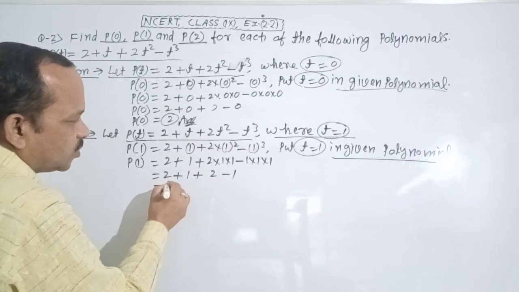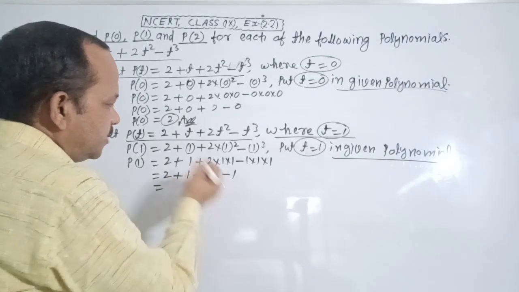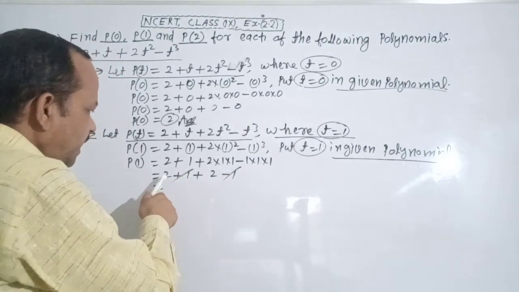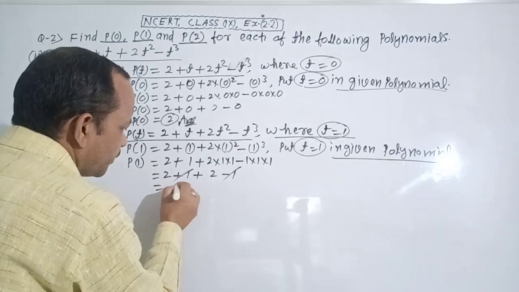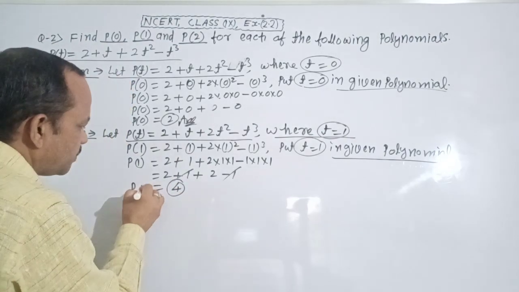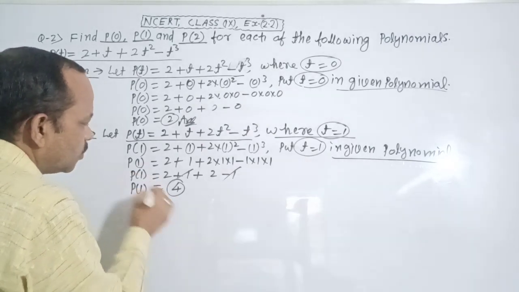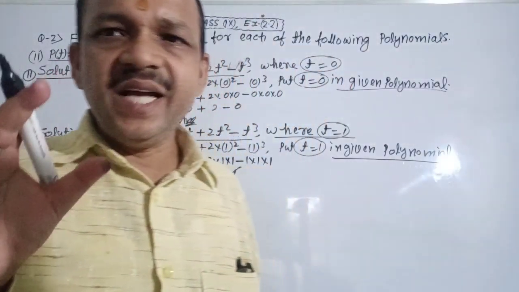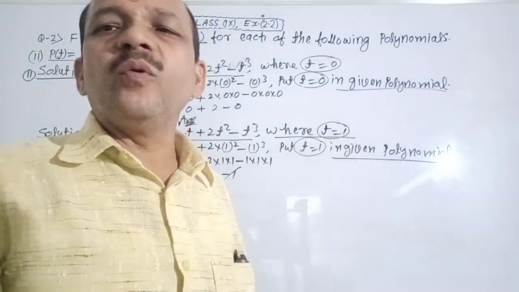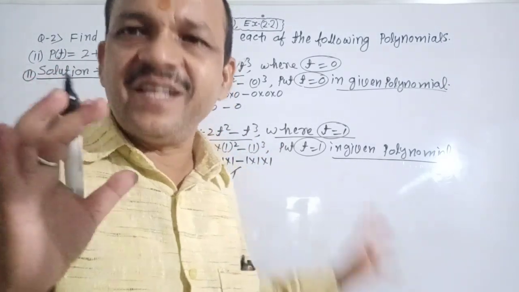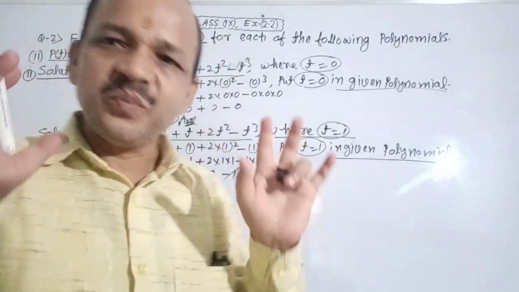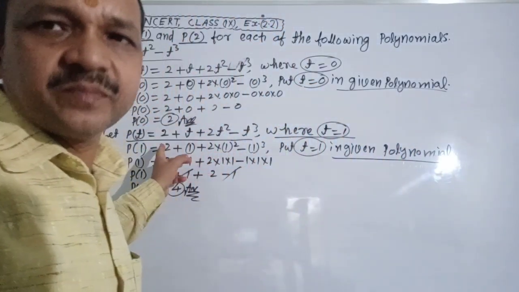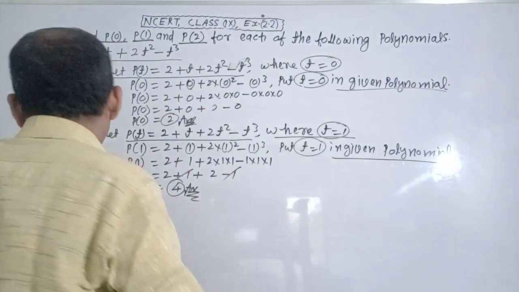It becomes 2 plus 1 is 3, and 2. Or you cut minus 1 and plus 1. It becomes 2 plus 2 equal to 4. 4 is your answer. p(1) equal to 4. You find your answer 4 by putting the value of t equal to 1 in the given polynomial. It is easy. You find your answer very easily. It is clear? No confusion about your solution. Clear? Next step.